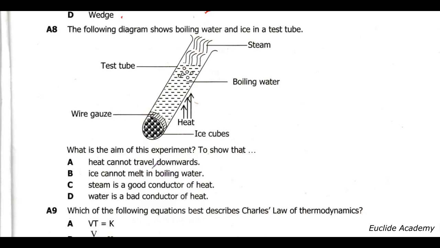So we've got heat being applied on top of the ice, and boiling water here, and the water is boiling right from the top, and then we've got the ice and the wire gauze at the bottom. I probably see that this experiment is designed to see if the ice cubes are going to melt. So I'll go for A. Heat cannot travel downwards was the aim of this experiment.